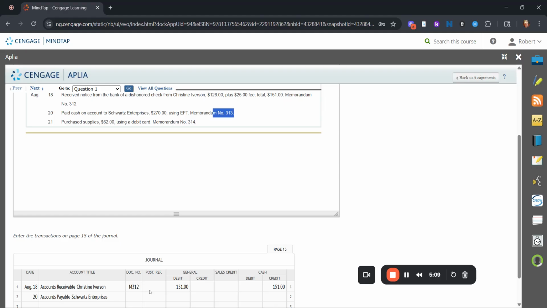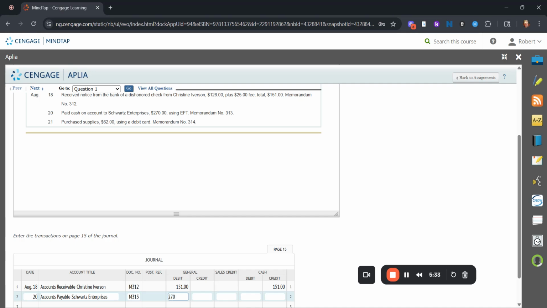Memo 313, so M313. So now that's a liability. So paid some money towards the liability, towards the amount owed. So now the amount owed is going to decrease. So that decrease in liabilities goes on the debit side.